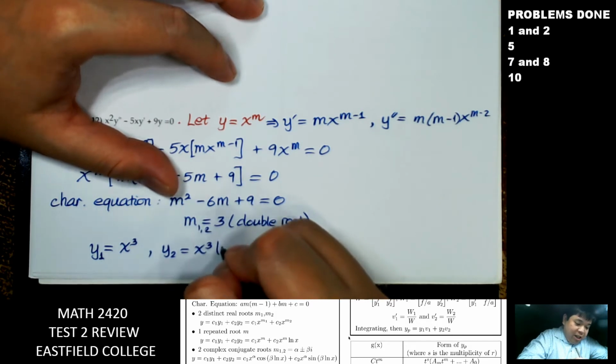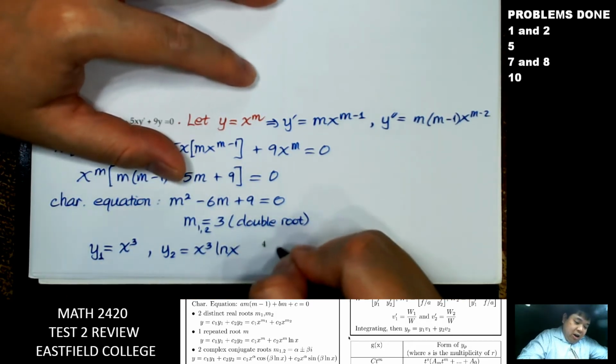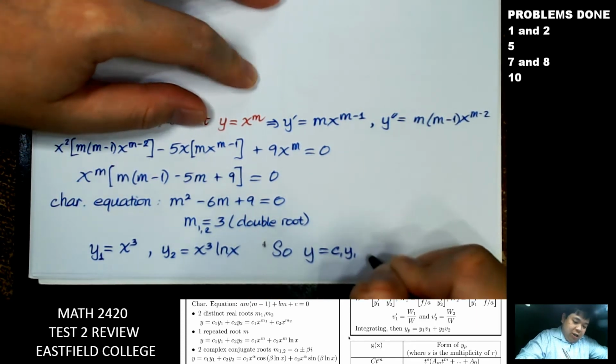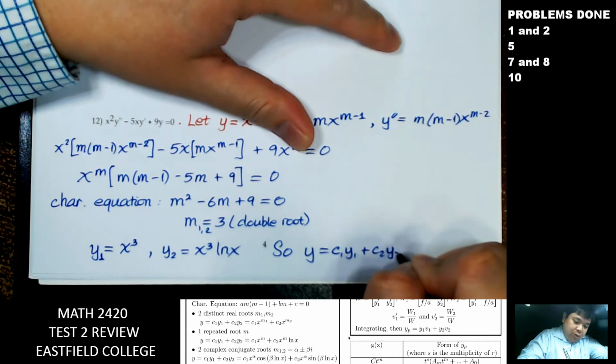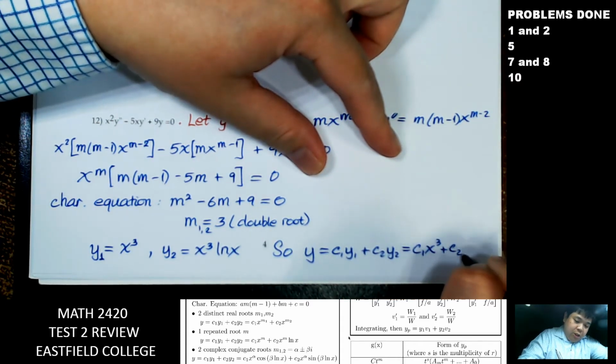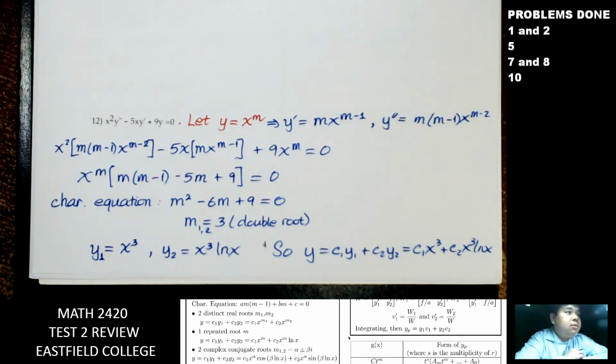By different, I mean linearly independent. The linear combination of them will be the solution: C1 y1, C2 y2, C1 x cubed, C2 x cubed ln of x. Right, just like that.